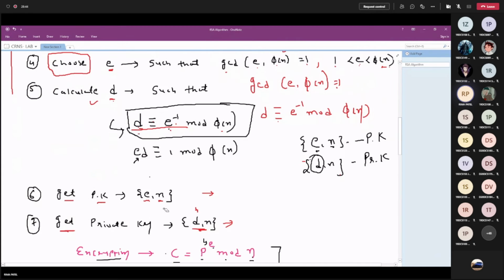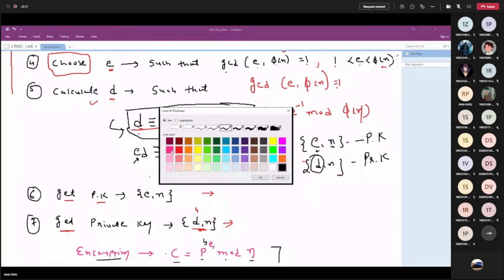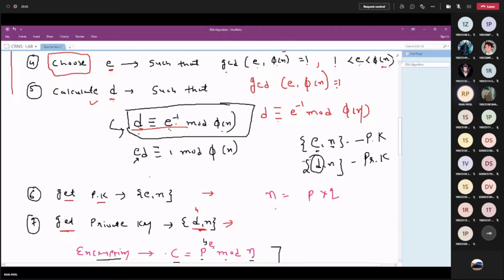Okay. Now the next step is to get the private key. As I told you, the public key is the combination of E and N. E that we have already chosen, N that we have calculated. How have we calculated N? That was N equal to P into Q, right? E I have chosen fulfilling two conditions.